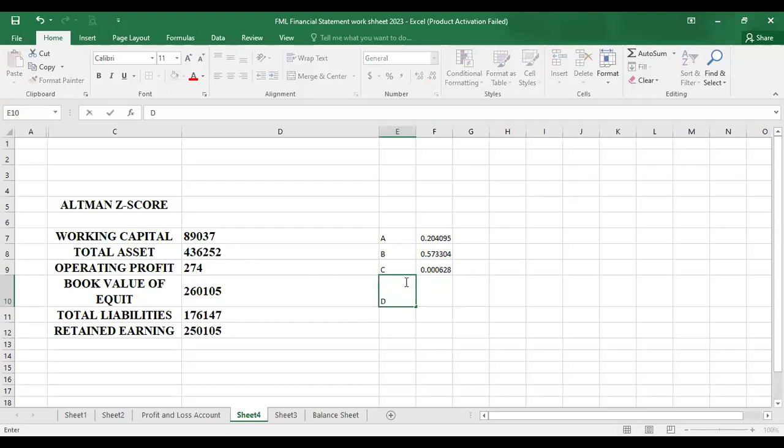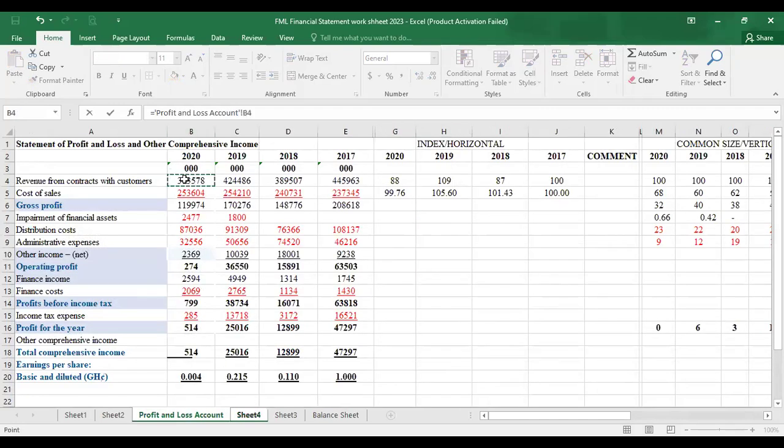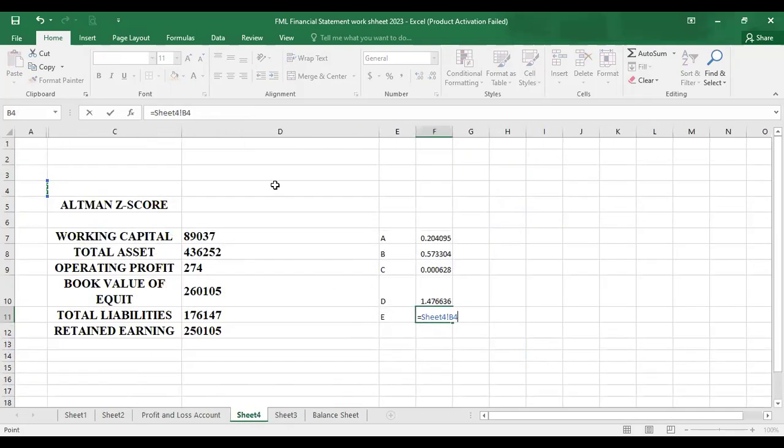Then we need D, our book value of equity divided by book value of total liability. Then we also need E, which is sales. Sales you get from the profit and loss, divided by the total assets figure.